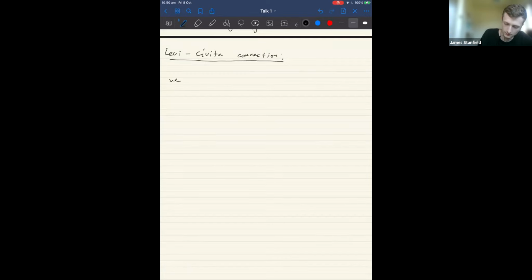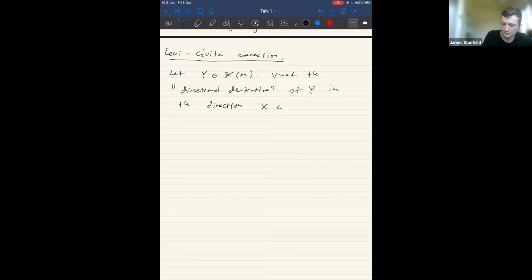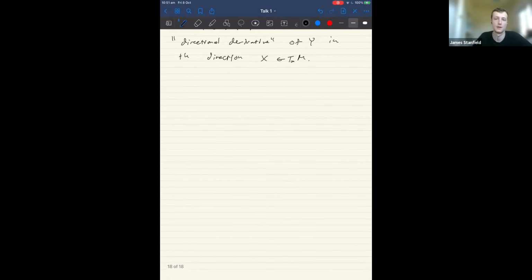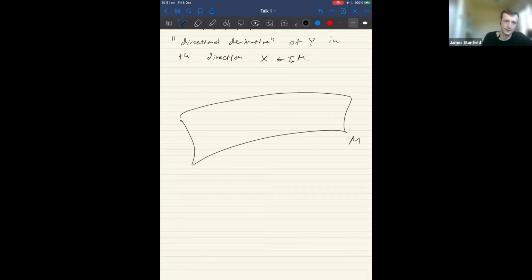Let's take a vector field Y. And we want some notion of the directional derivative of Y in the direction, say X, some fixed vector. Okay, so we have this manifold M, and then maybe Y is this vector field.